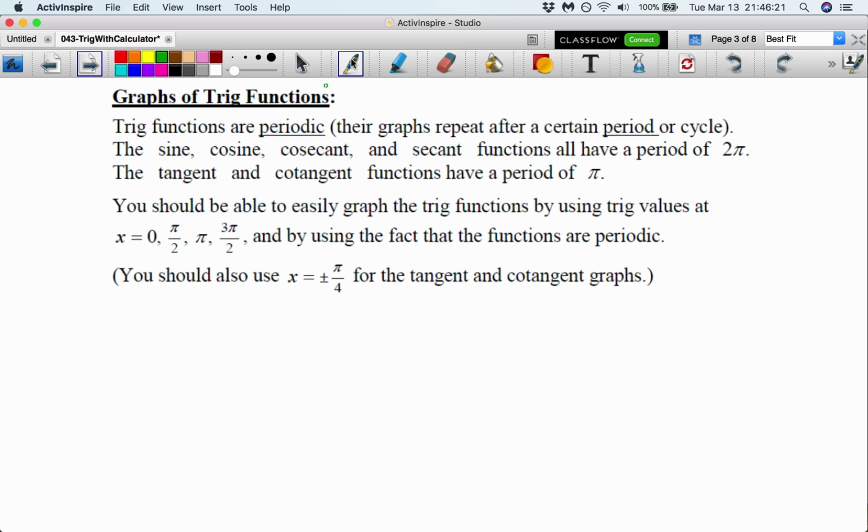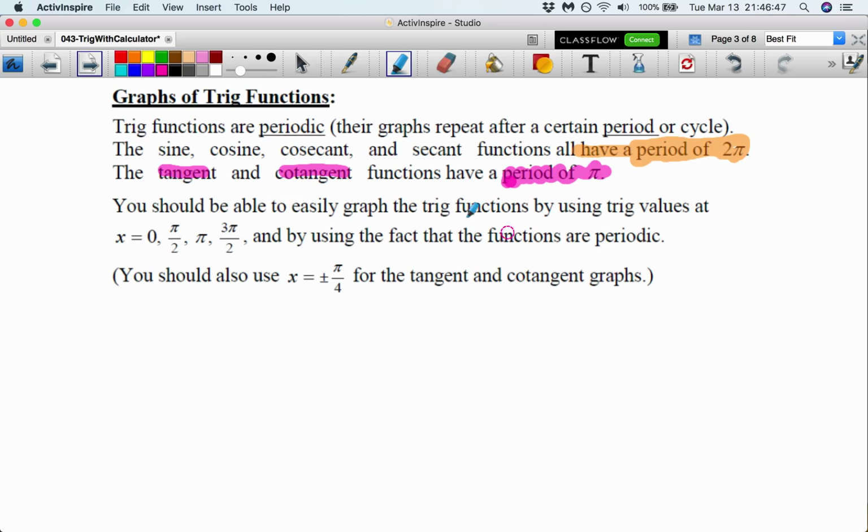The sine, cosine, cosecant, and secant functions all have a period of 2 pi. It takes them 2 pi to repeat. Tangent and cotangent, on the other hand, are the weirdos, and they have a period of pi. So tan and cotan have a period of pi. All the other guys have a period of 2 pi.